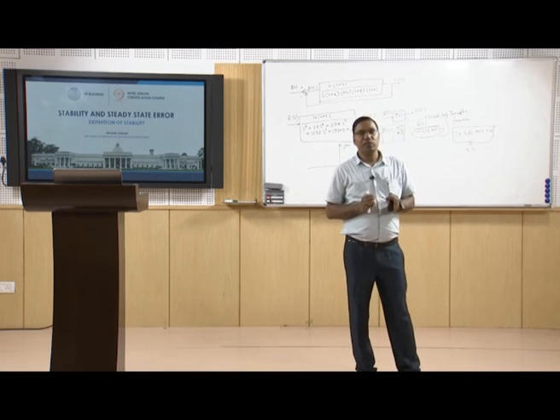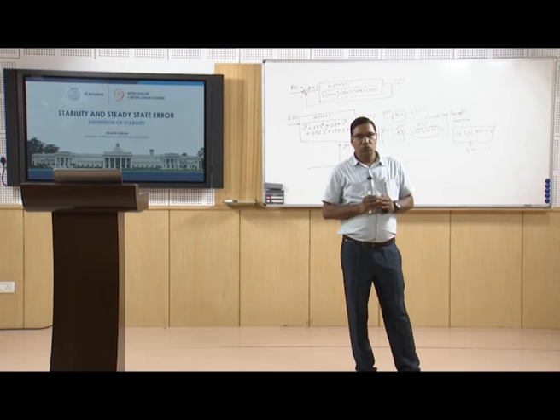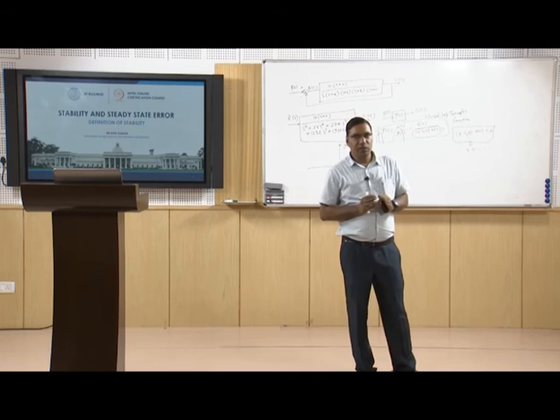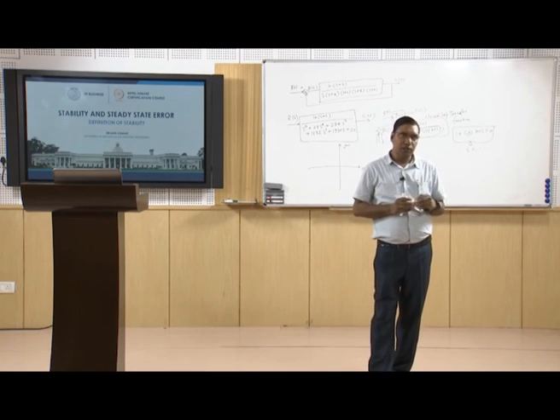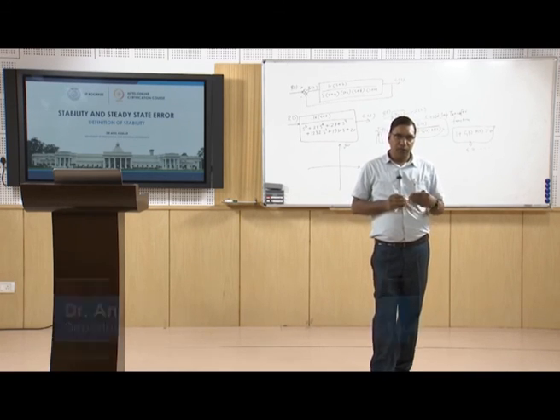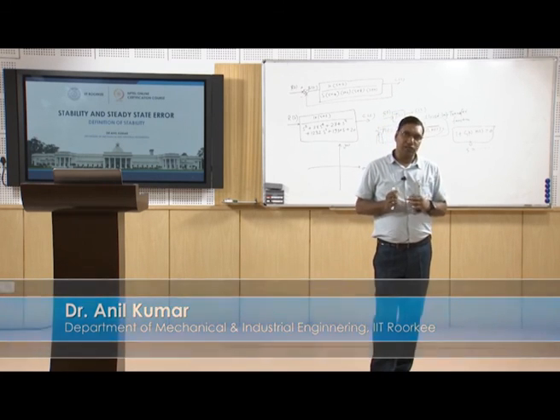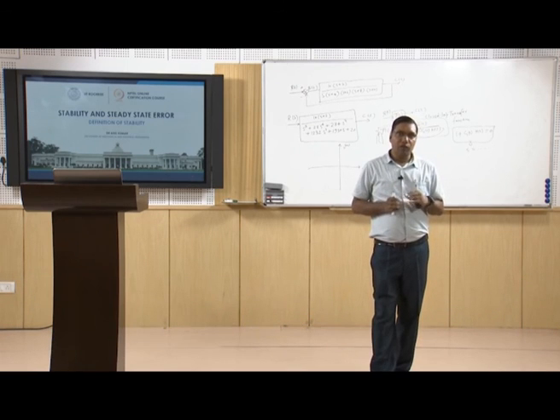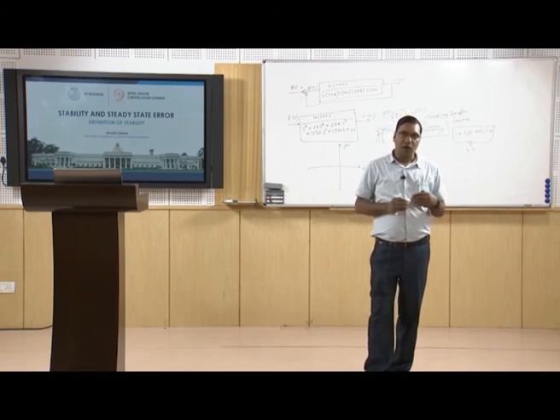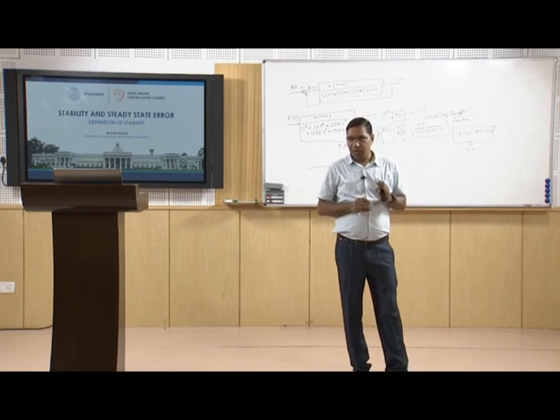So only this information is sufficient to know the stability of the system, and only this information is sufficient for the design of the system. Once we are doing the analysis, then we may need to know more details, but in the design stage we only need to know whether the system that I am designing is stable or not, and for this I only need how many poles are on the right side, or how many poles are on the left side, or how many poles are on the j omega axis.